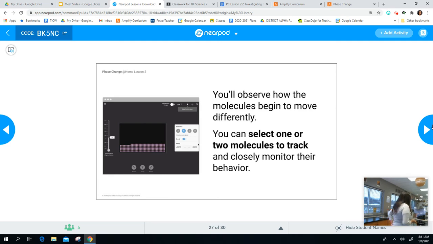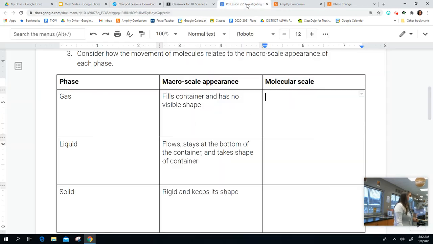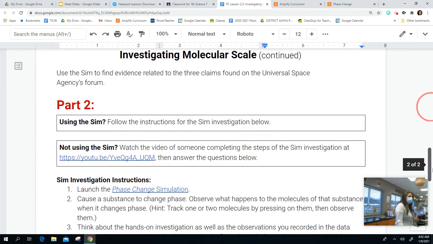So you can see, are the molecules disappearing? Are they moving differently? Or are they changing into something new, which are our 3 claims. So we already should have our documents open. We're now going to complete part 2 and use evidence from the sim to consider the claims. So if we go back to our document, we're going to scroll down to part 2.